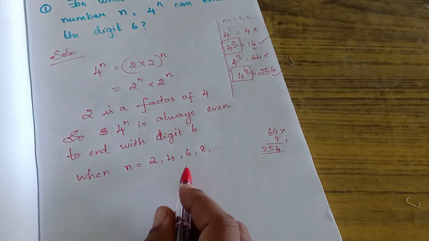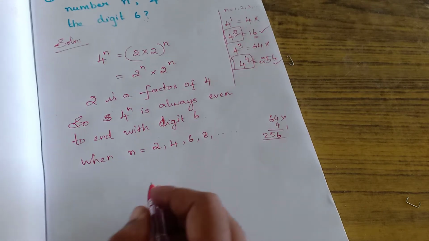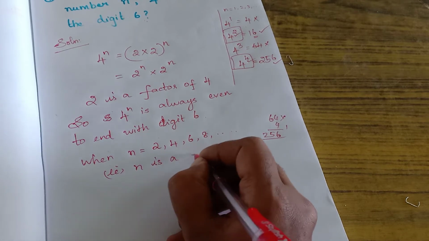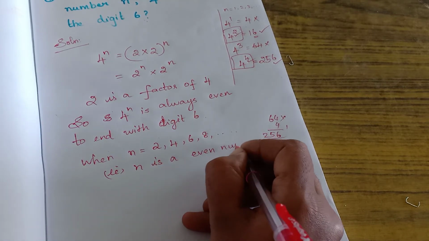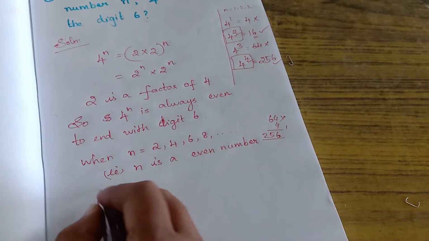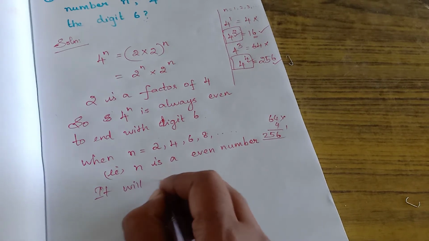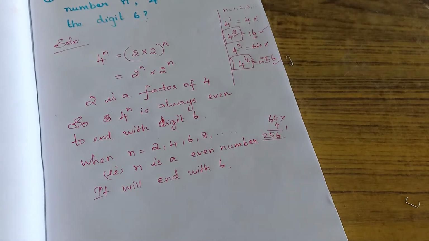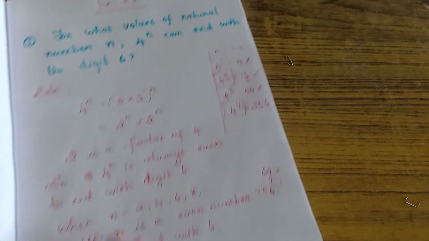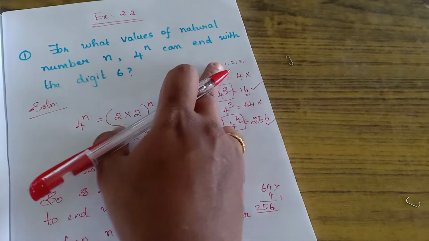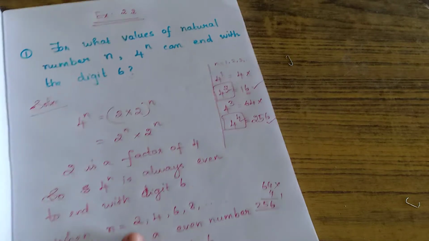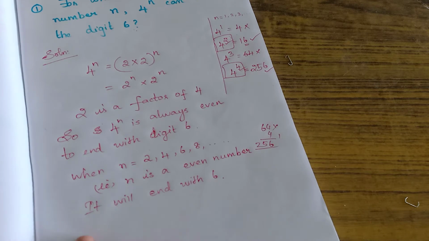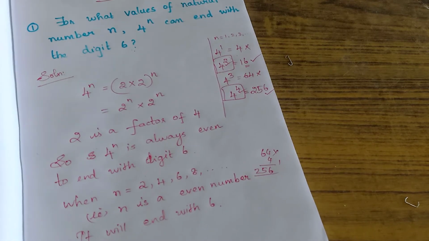So when n is an even number, it will end with 6. That's all. So for what values of natural number n can 4 power n end with the digit 6? When n is an even number, it will end with 6. It means 4 power n. Okay, got the concept, students?